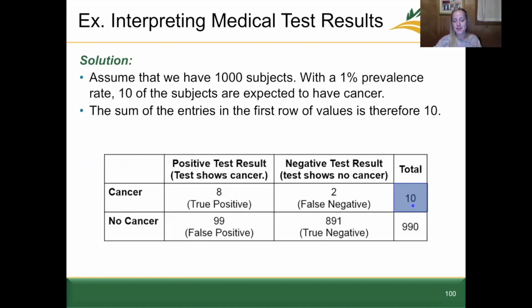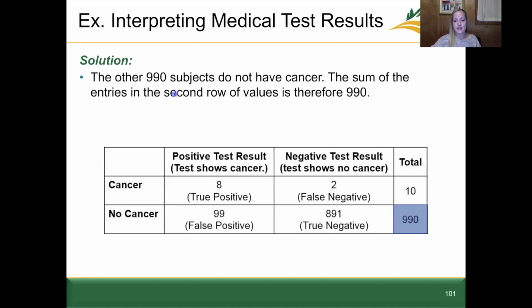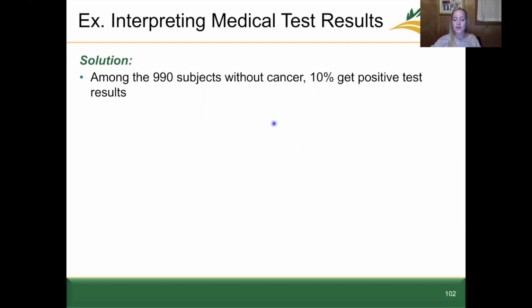Let's keep going through the table now. The other number here, assuming we have 1,000 patients total, that means that the other 990 subjects are not going to have cancer, so we can write this number in at this point. We were also told in the question that 10% get a positive test result.